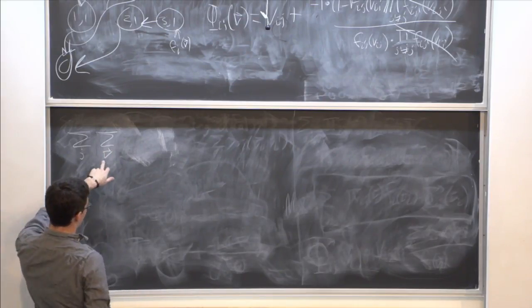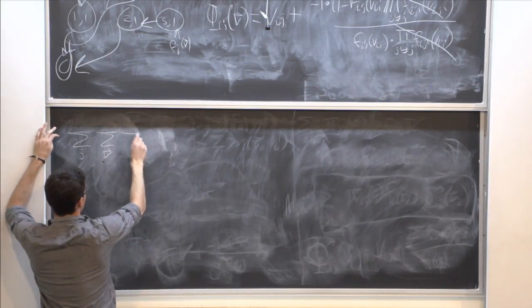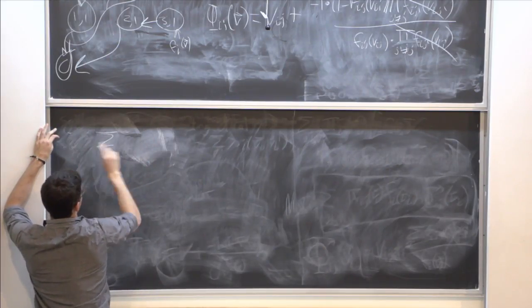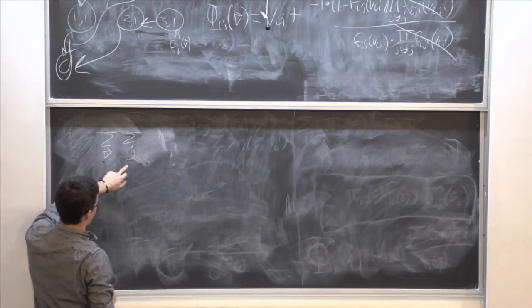So the sum over all valuation vectors. Okay. Sum over all items.